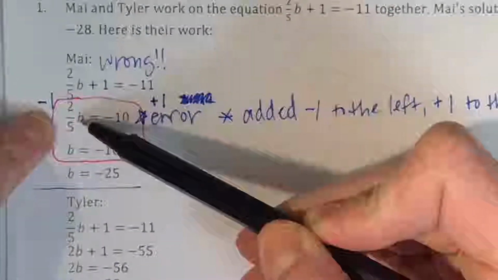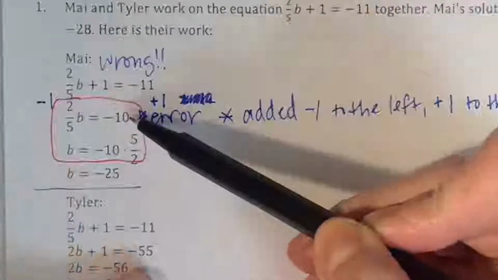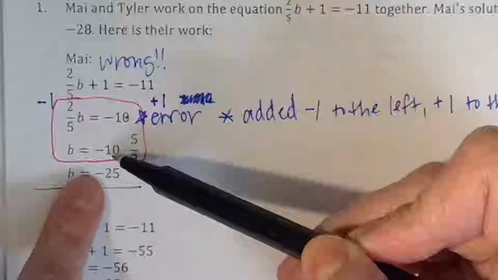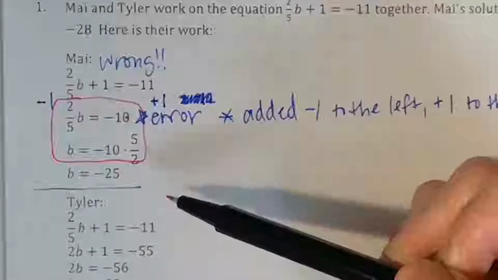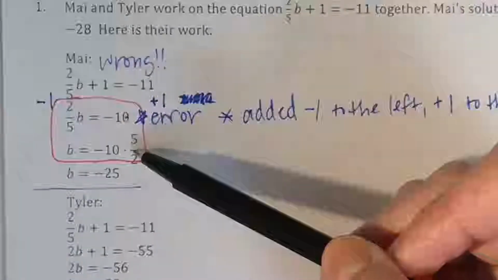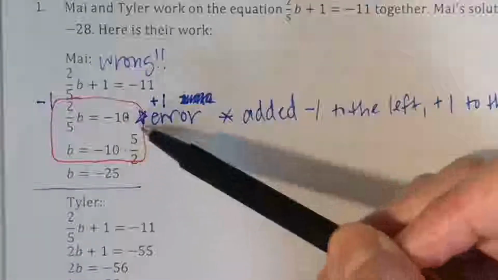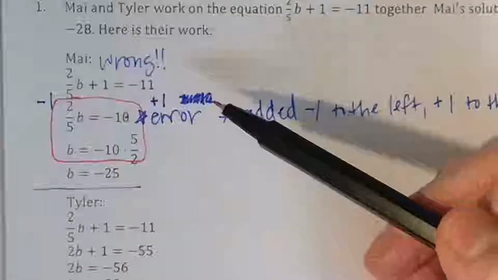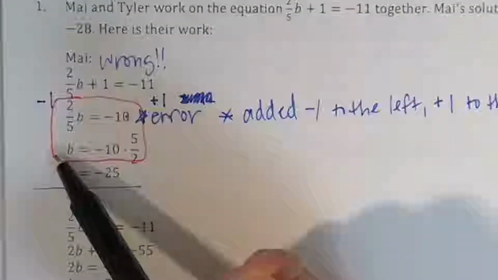because we have 2 over 5b becomes b. Negative 10 becomes negative 10 times 5 over 2. So on this right side, she all of a sudden multiplied 5 over 2, but didn't multiply anything on the left side.